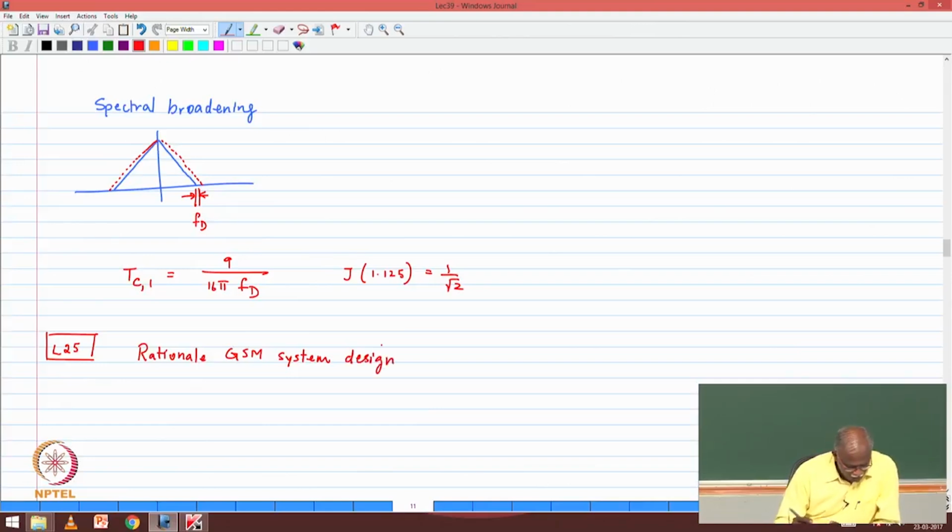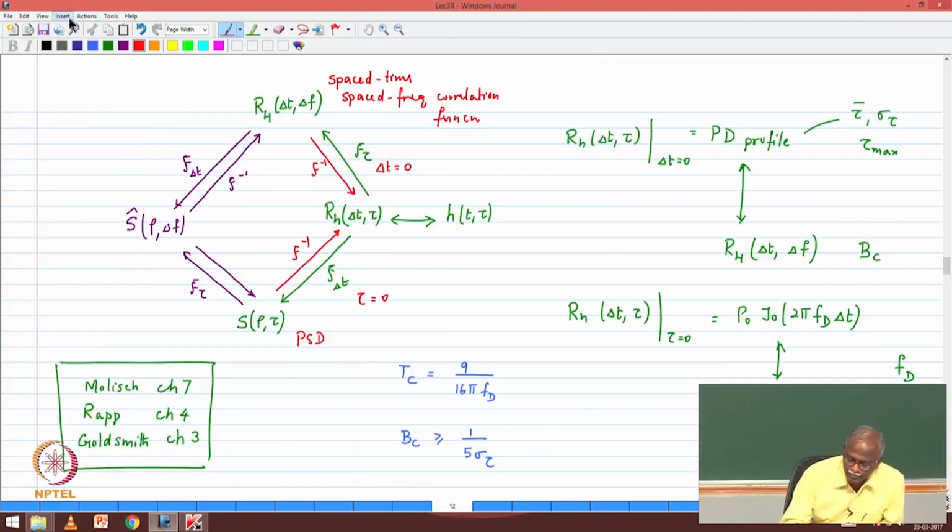Now, along with the temporal variation, we also saw two other elements that are very useful in understanding the channel, characterizations of the time behavior of the channel. One of them was the level crossing rate.